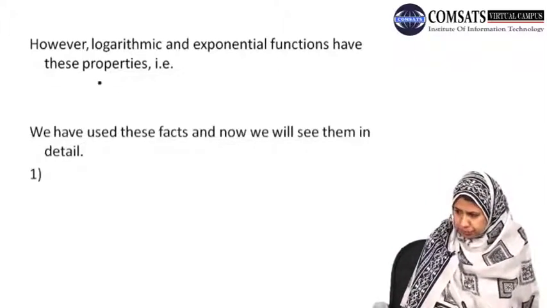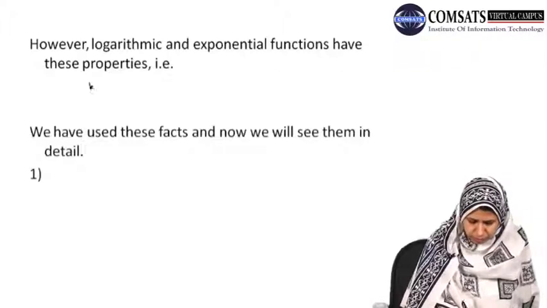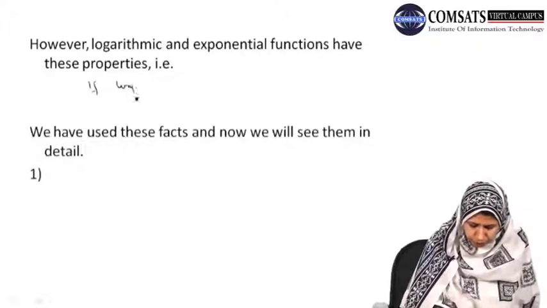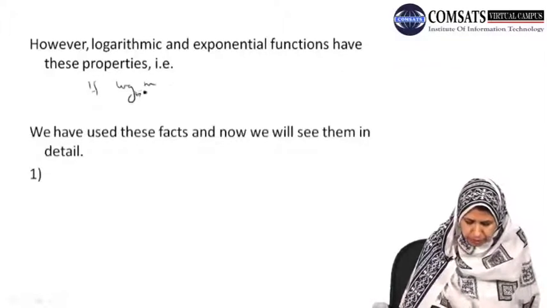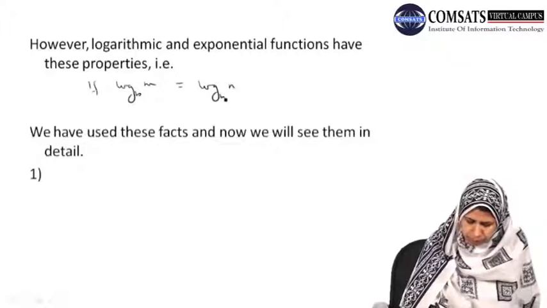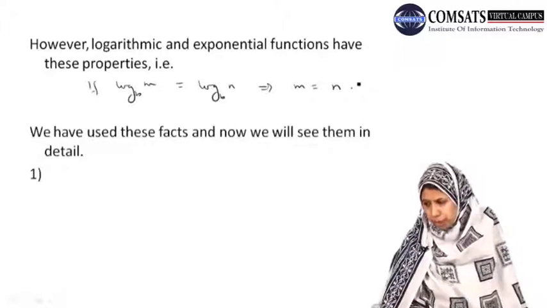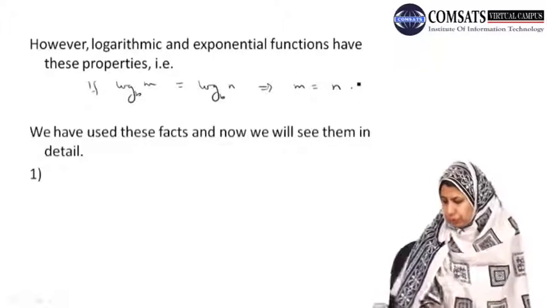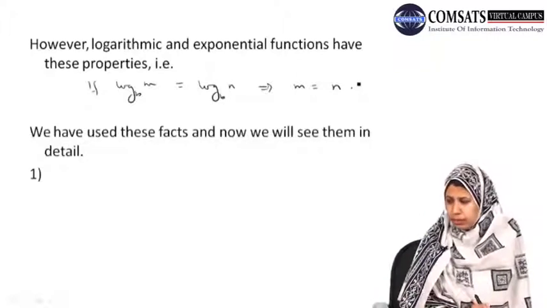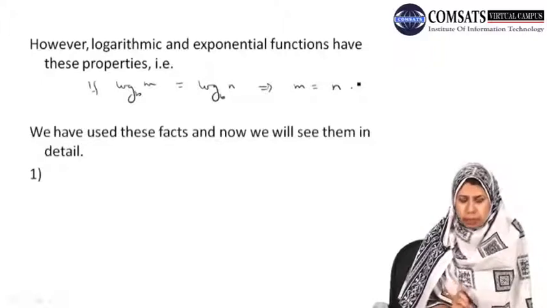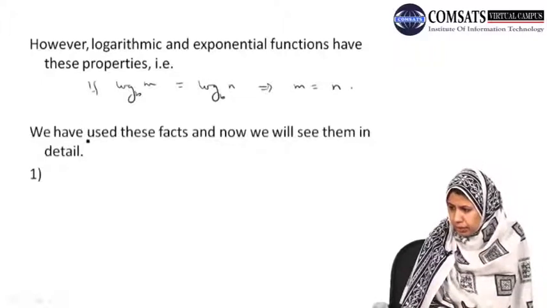That is, if log of m to the base b equals log of n to the base b, then those numbers are basically equal. We have already used this property, and the same property for exponents, in our previous examples, but now we will see these properties in detail.